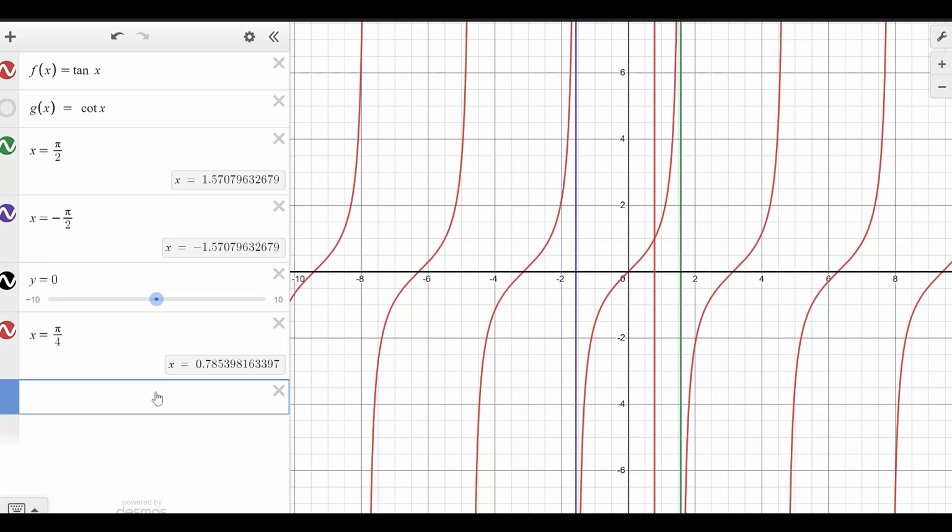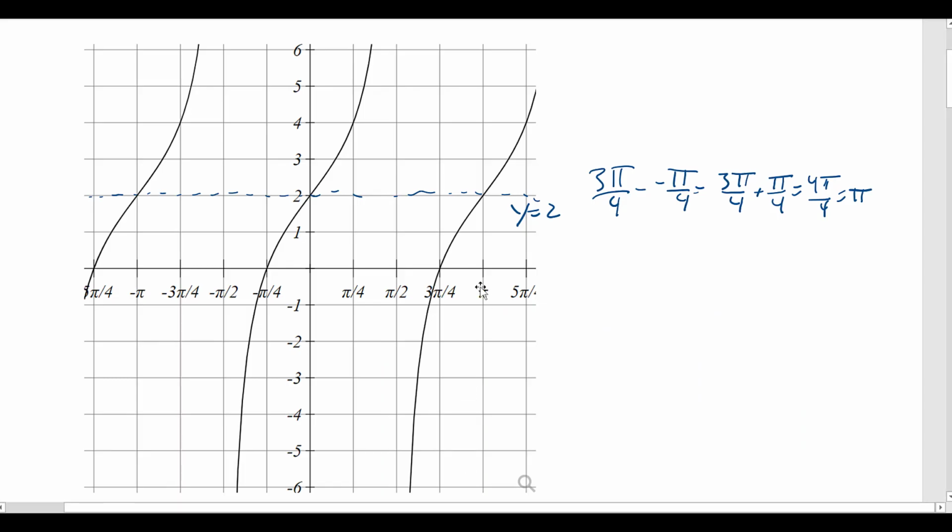Right about here, that's 1 for the y value. So at pi over 4, we get 1 for tangent, and at negative pi over 4, we get negative 1. We should know that by now with some of the values, but just in case you didn't.